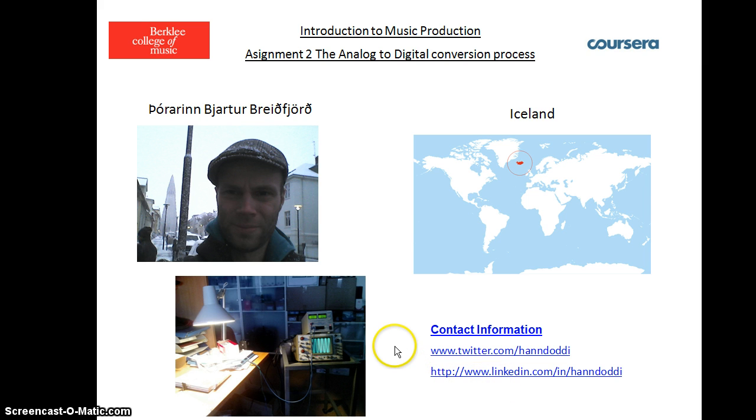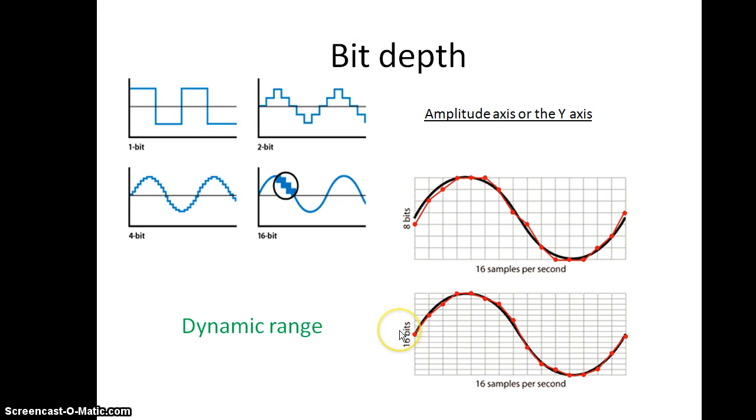Now back to the AD converter. The first thing we're going to look at is the bit depth, and we can look at that as the relation between the amplitude, the y-axis, with this axis here, as we know from math.